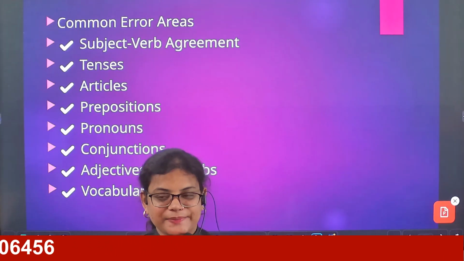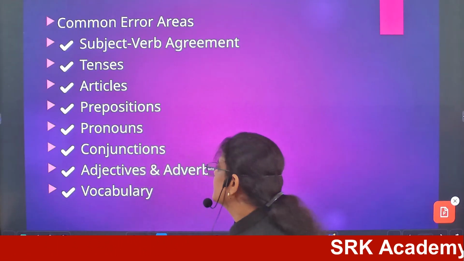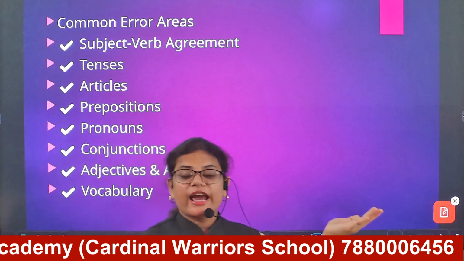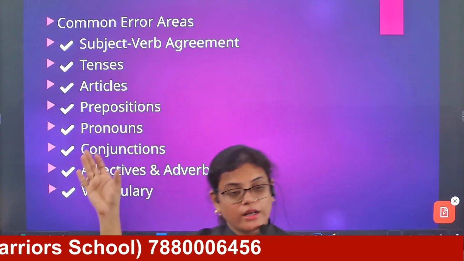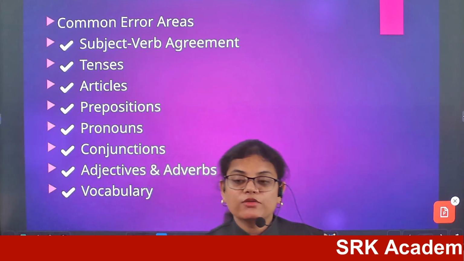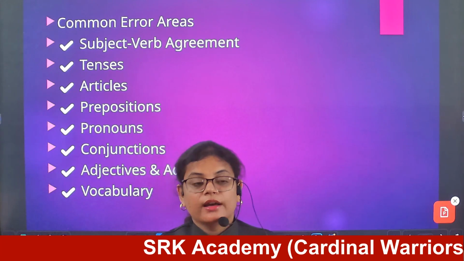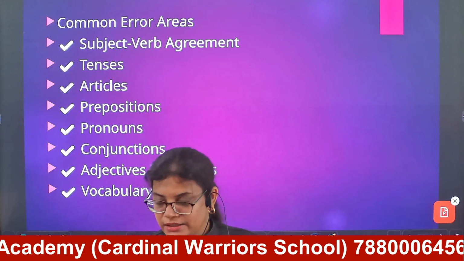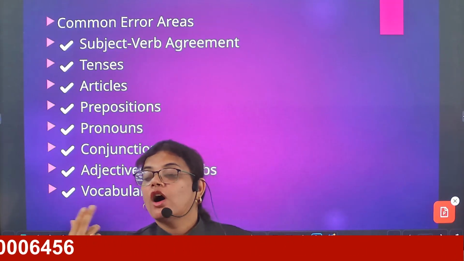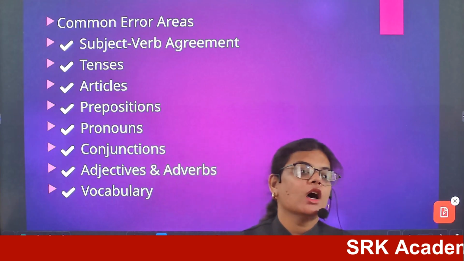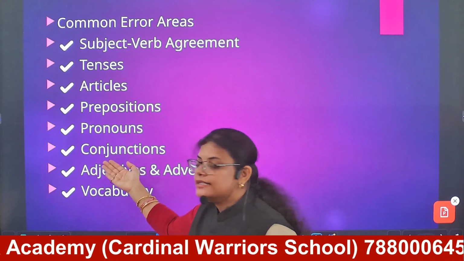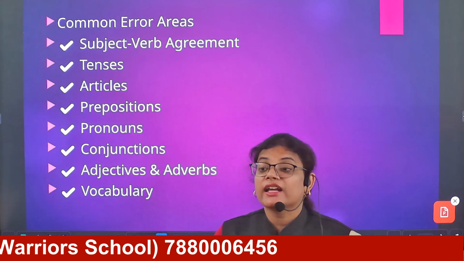Am I clear, guys? Any doubt to anyone? Conjunction. Fanboys. F stands for for, A stands for and, N stands for nor, B stands for but, O stands for or, Y stands for yet, S stands for so. If you know fanboys, you can easily get the answer of any error in the conjunction.